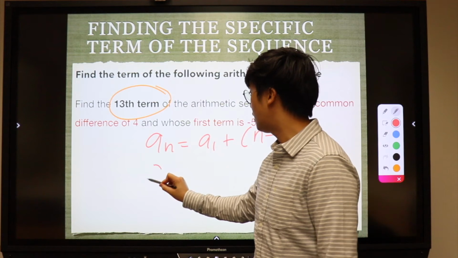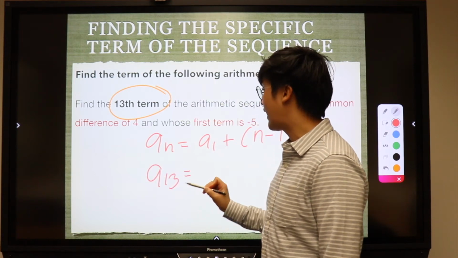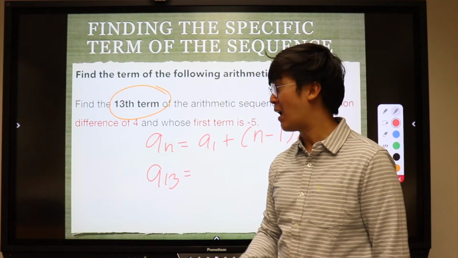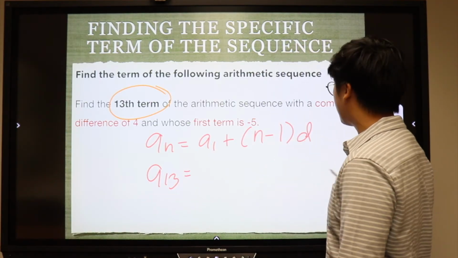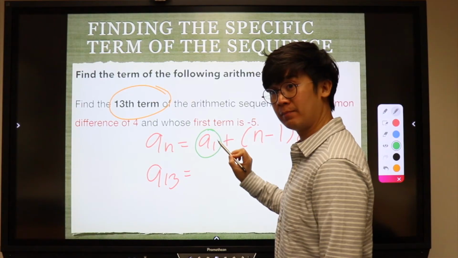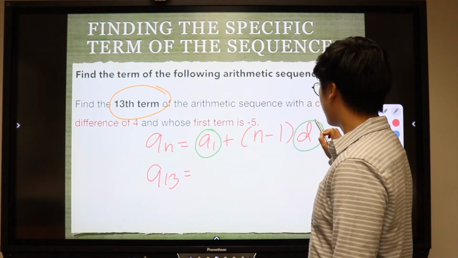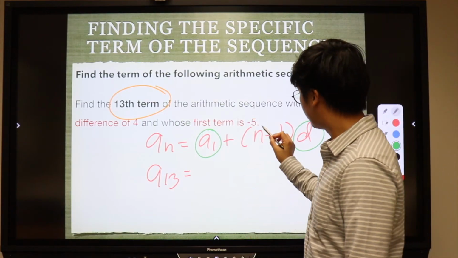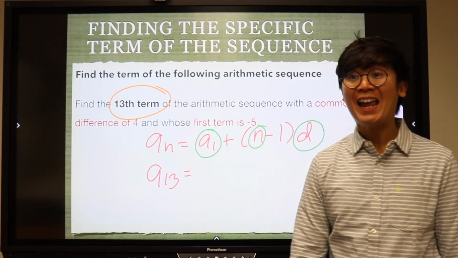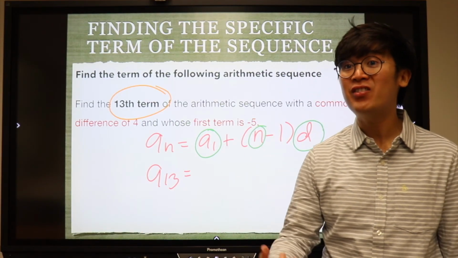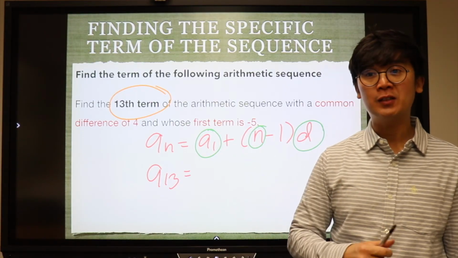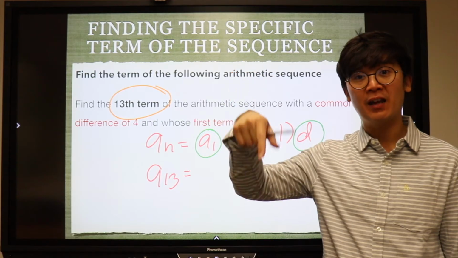So you're looking for a sub 13. So what will happen to our formula when we have a sub 13? That means we will replace this. We will replace this because we have a common difference and the first term. And we can also replace n, because now we're looking for the 13th term and not the nth term. That's the difference between the example on the previous slide and this example.